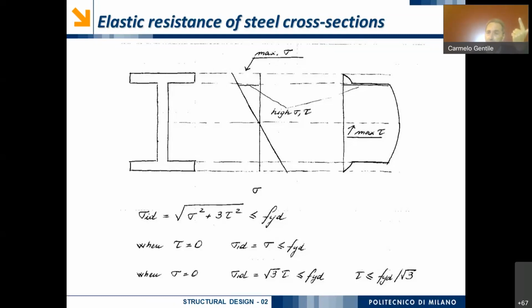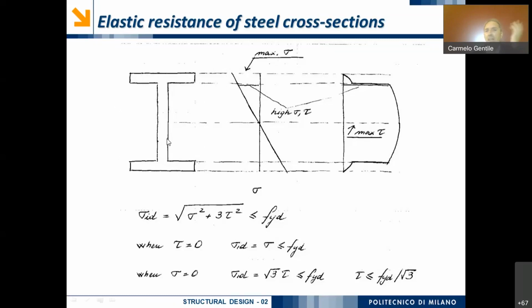When I have to verify or to check the cross-section of a column, there is also the effect of the axial force.